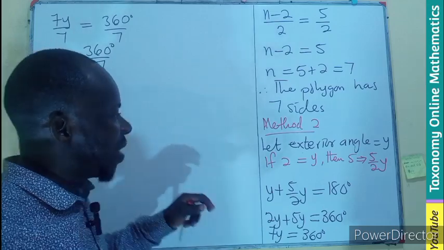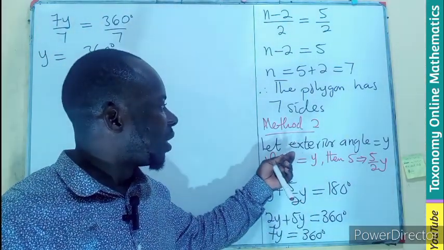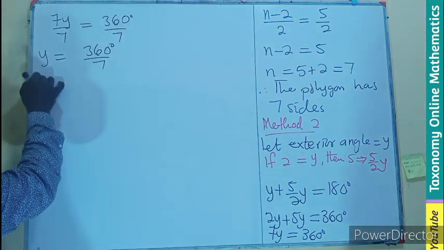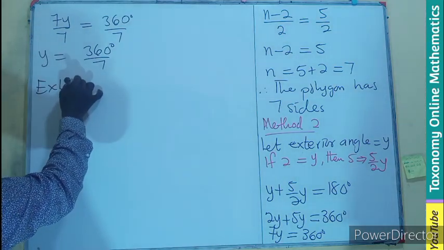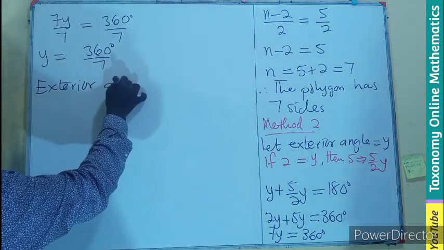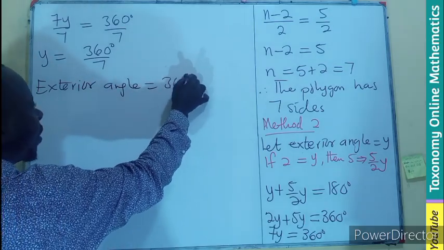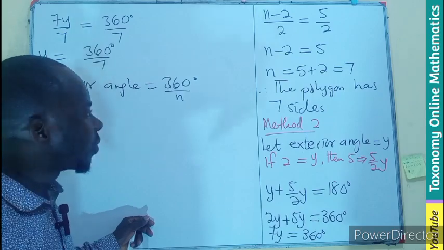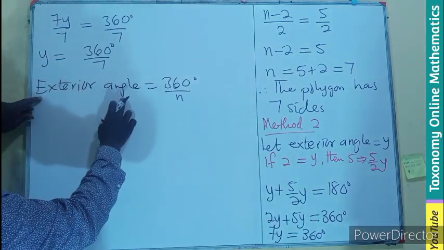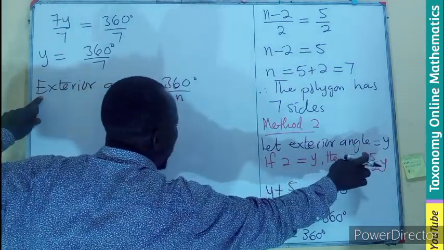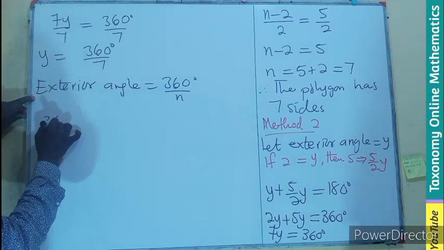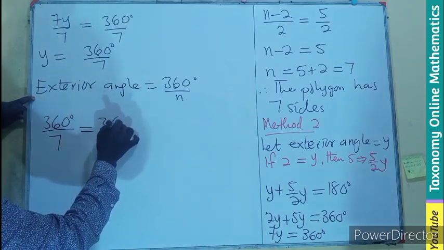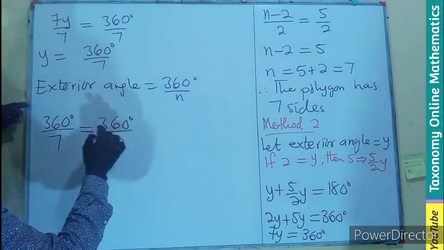Now this y we are having is referring to the exterior angle. Remember the formula we had in the beginning: exterior angle equals 360 divided by n, where n is the number of sides, which we are looking for. So this exterior angle, which we are having as y, is 360 degrees divided by 7, equals 360 degrees divided by n.